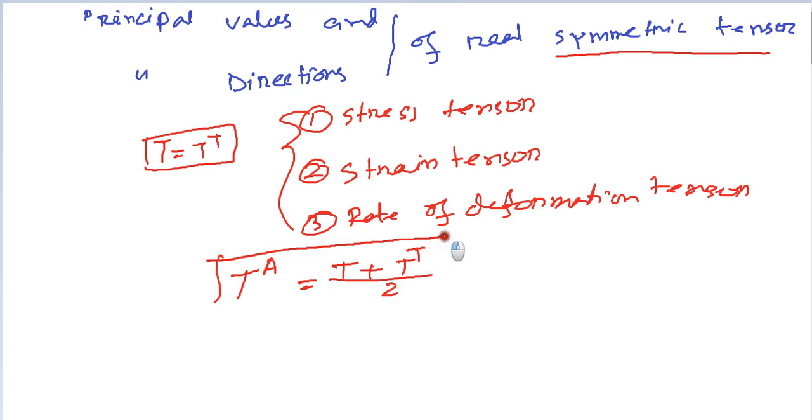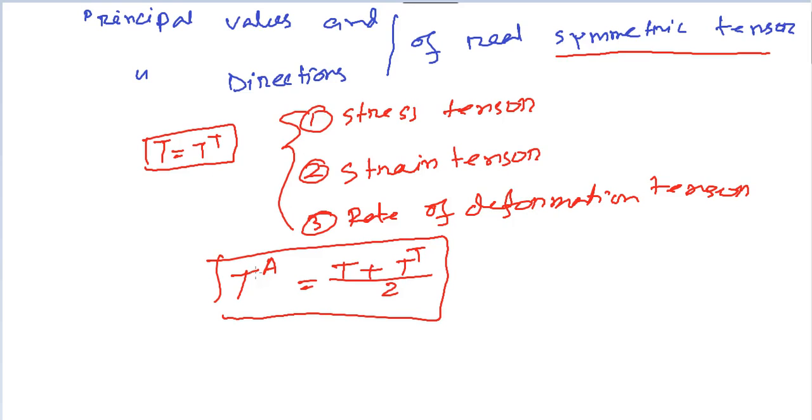So we would find that for a real symmetric tensor there always exist at least three eigenvectors, which we shall call the principal directions, with corresponding eigenvalues called the principal values.